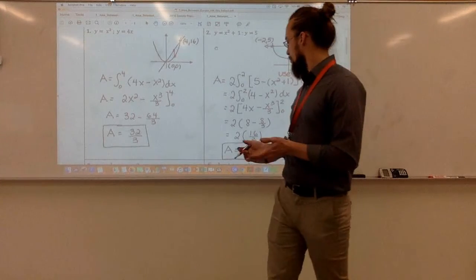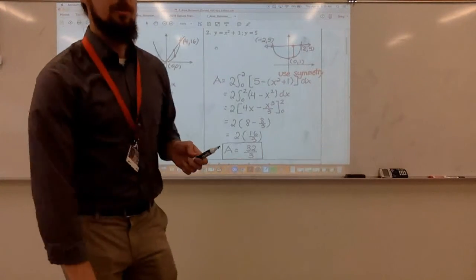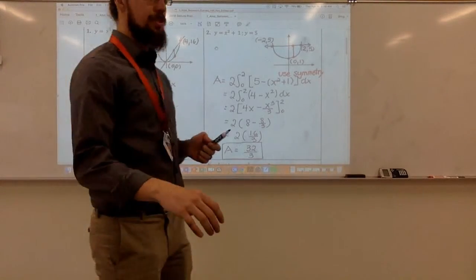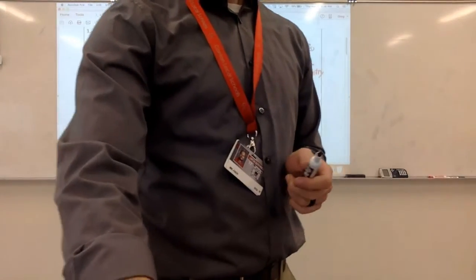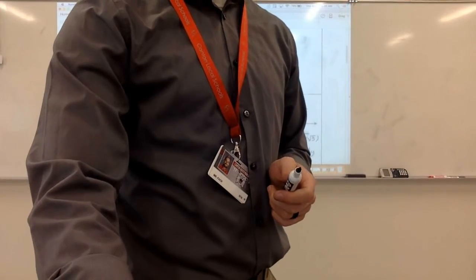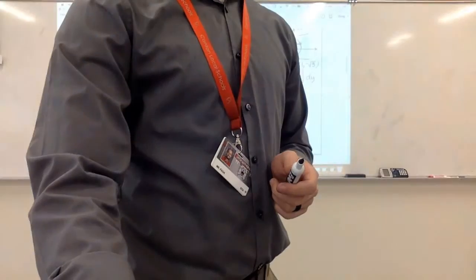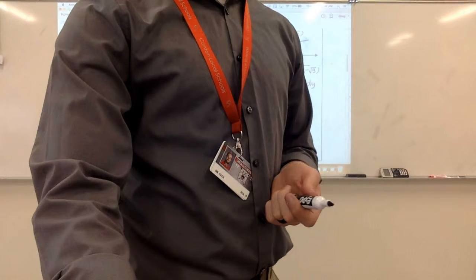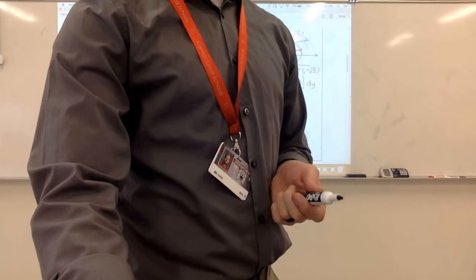So here, I'll just run through the answers real quick, and then we can see which ones we want to go over in some more detail. So 2 was 32/3. 4 as an exact answer is 8 radical 3.